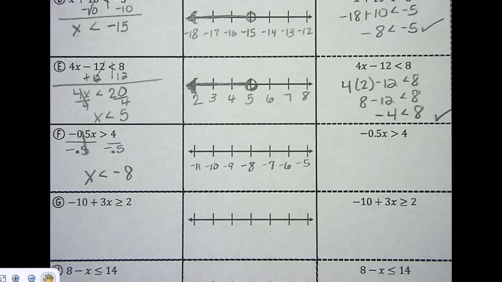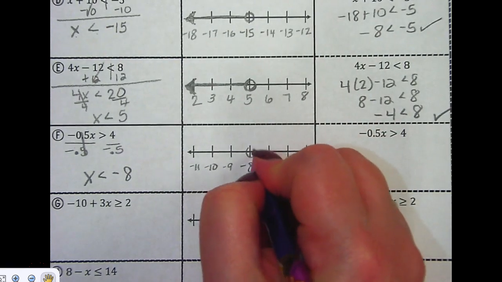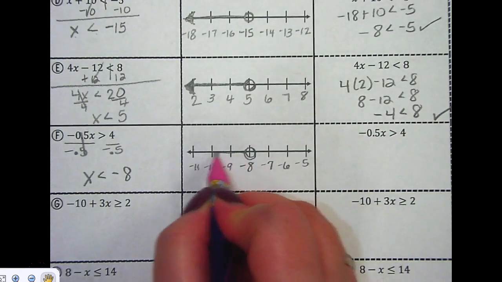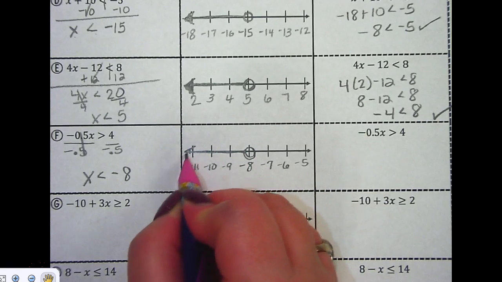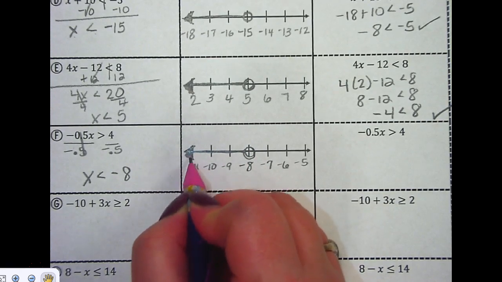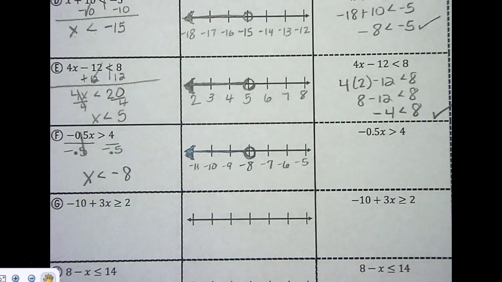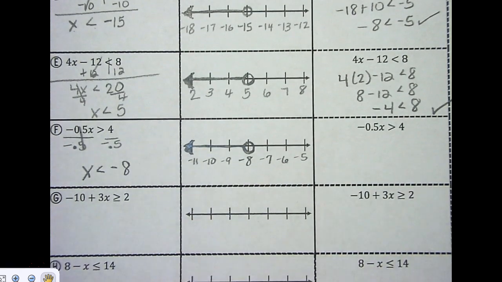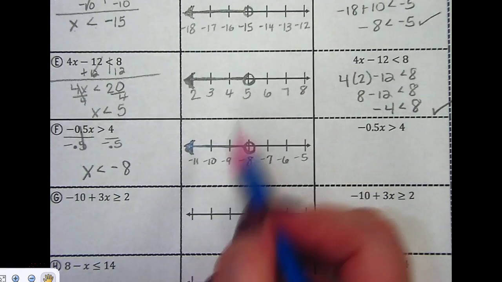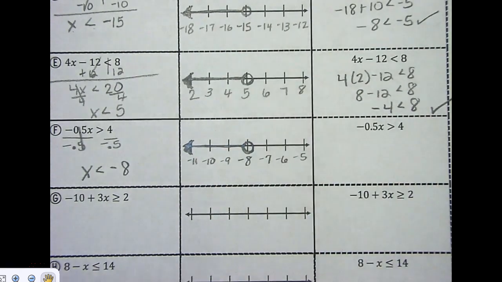Open or closed? Open. And pick a number less than negative 8. Let's try an even number because getting a half of an even number is easier.